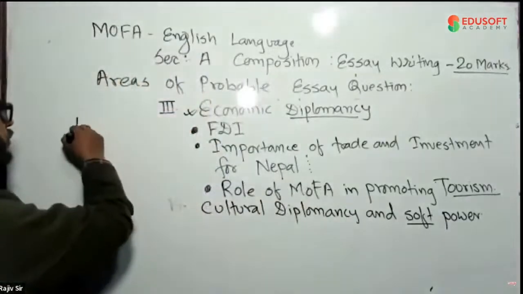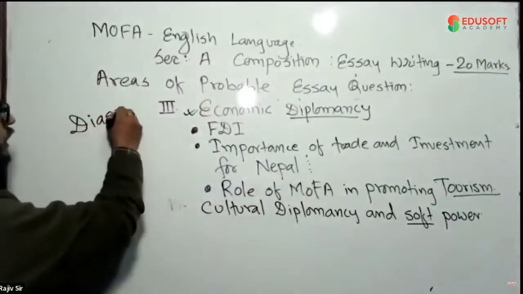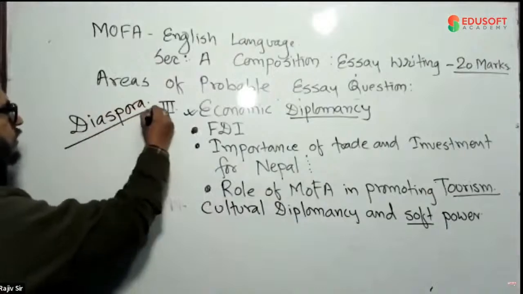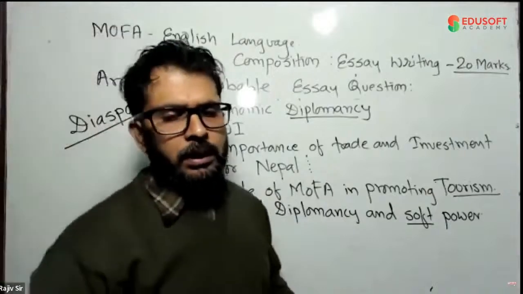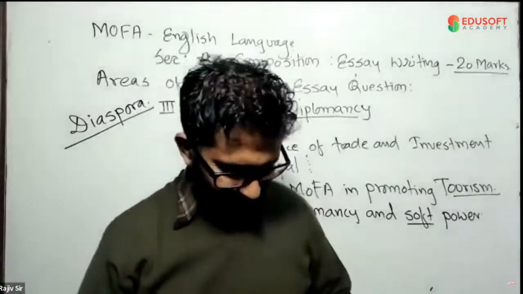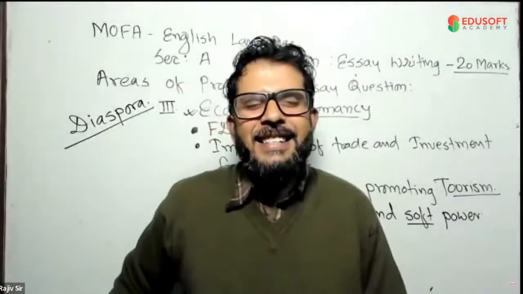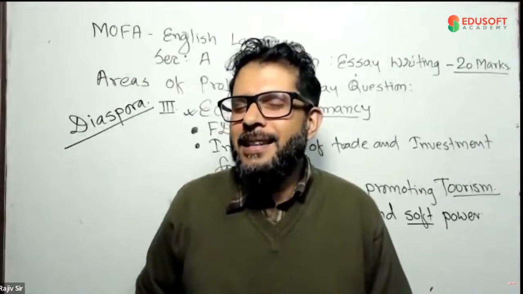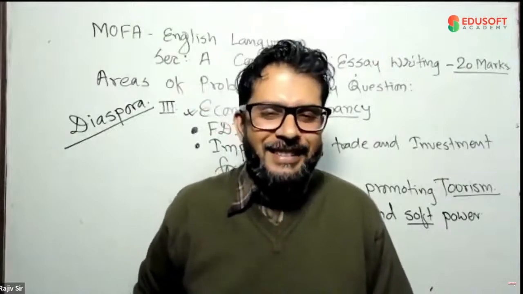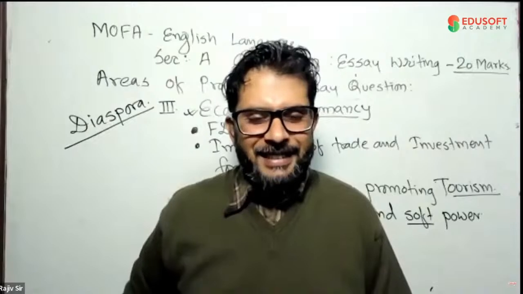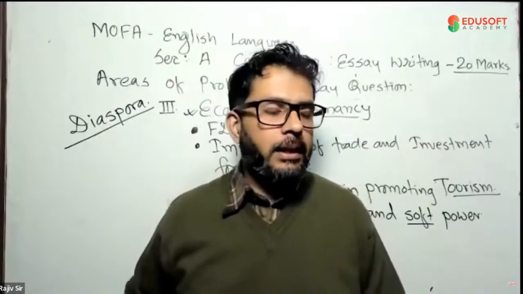Have you heard this term before? Yes, sir. What does diaspora mean? Nepalese descent, the people of a particular country living abroad. By nationality, whoever they are, by heart they are Nepali, right?